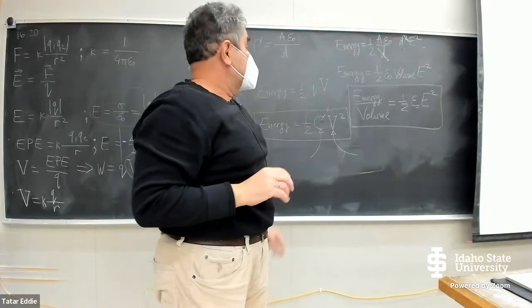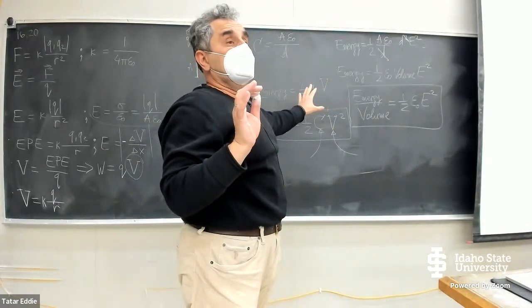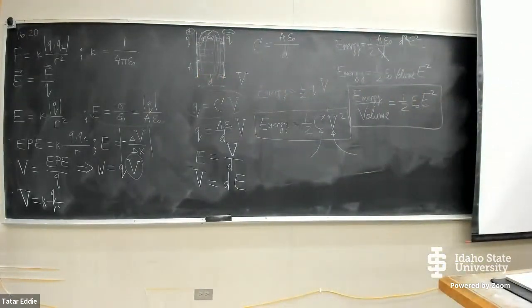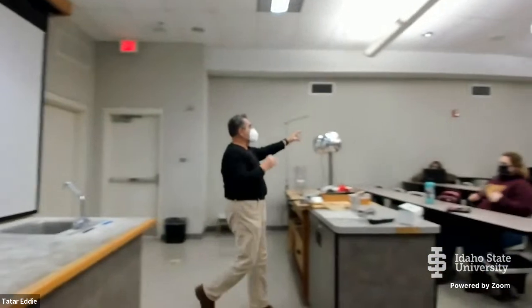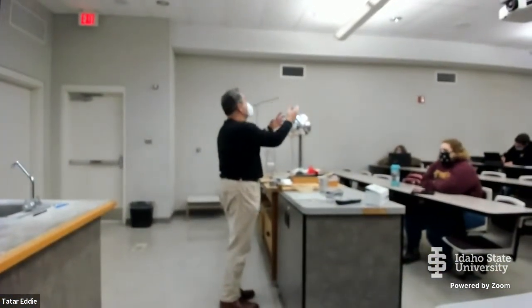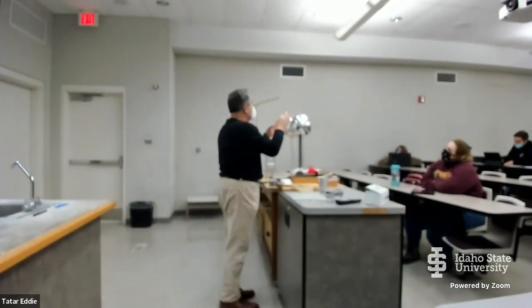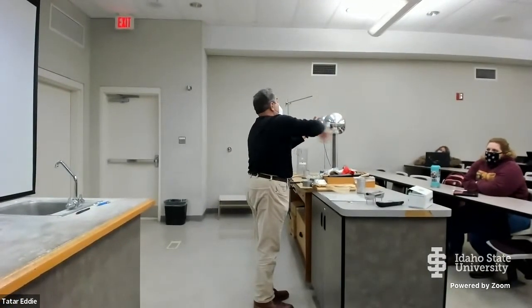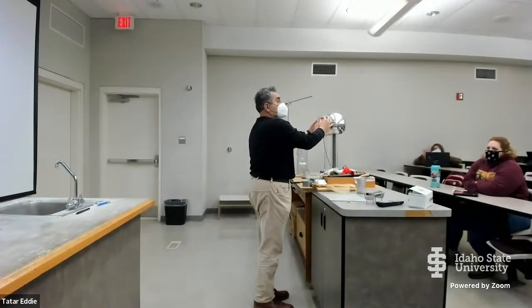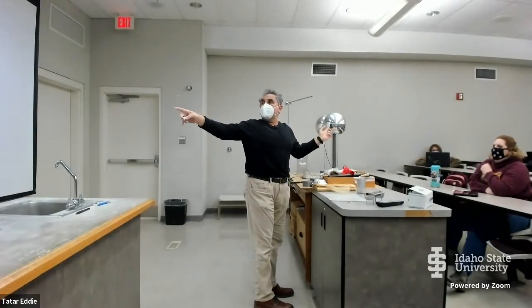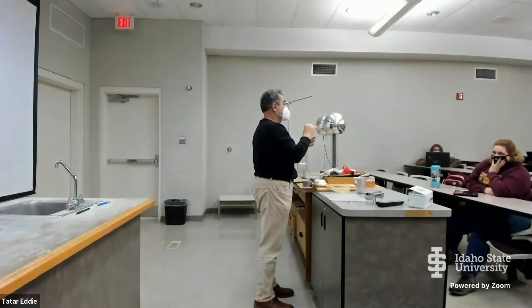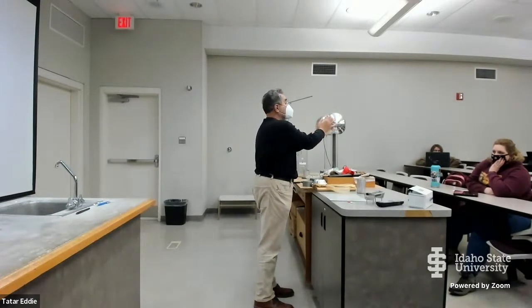But the formula is more universal. It tells you that if the electric field created by this Van der Graaf here is, let's say, 10 newtons per coulomb, the energy density of this place is going to be 1/2 times epsilon naught times 10 squared joules per cubic meter.